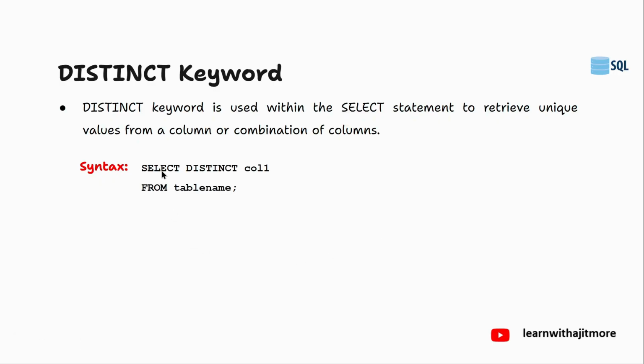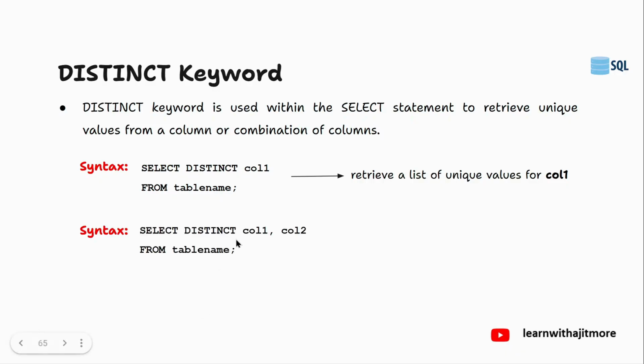Syntax is like this. Select distinct column name from table. It retrieves a list of unique values for that column. Means from that column, as many unique values as are there, only those will come. And if you use it for more than one column, then it will retrieve unique pairs of C1 and C2.